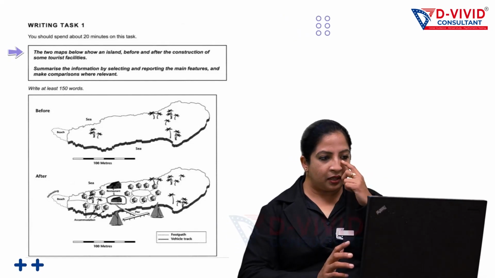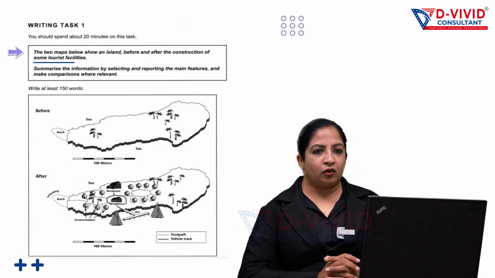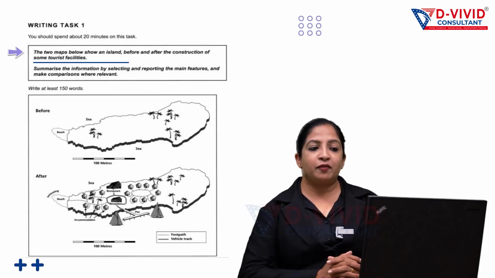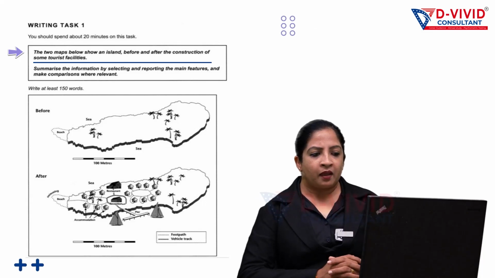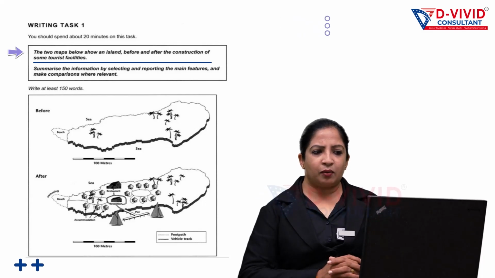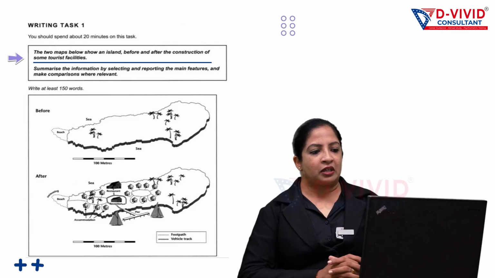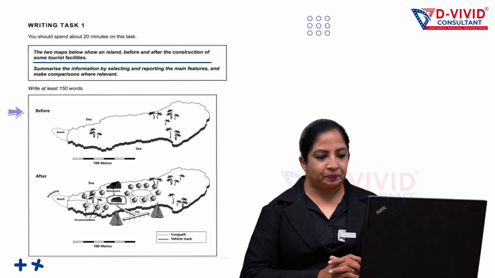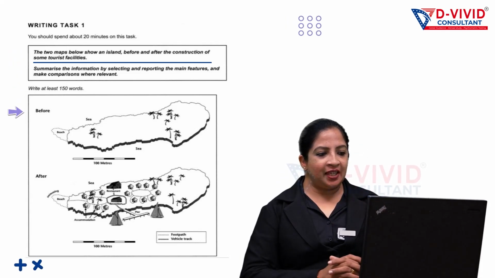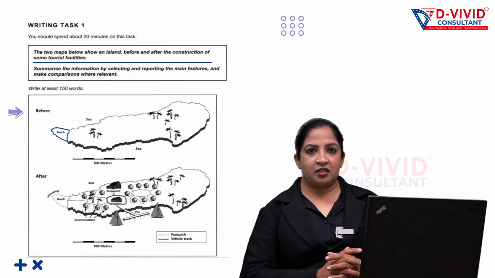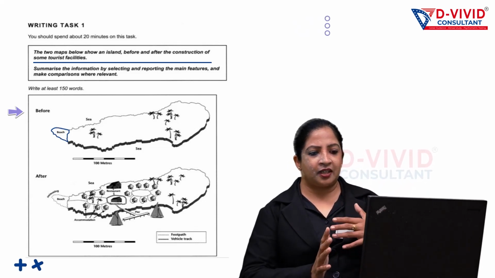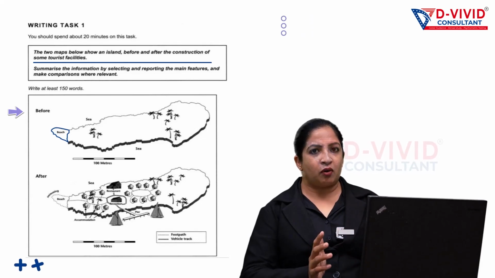The question says, the two maps below show an island before and after the construction of some tourist facilities. Okay, so let us see what is happening inside the image. In the before map, we can see a beach area. Where is it located? Is it in the north, south, east or west?